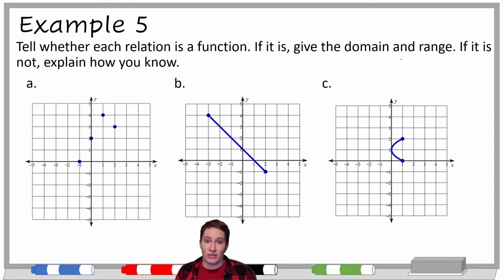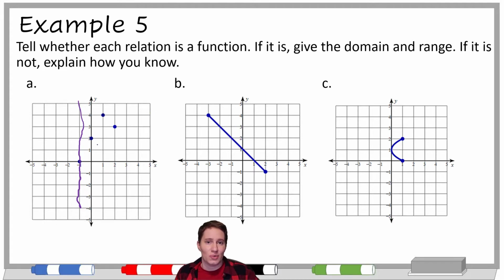So the vertical line test here says if I draw a vertical line on any of these places where I have a graph, it should only go through once. If I draw a straight up and down line on any of these points, I'm not doing a very good job, but yeah, it only goes through a single point.